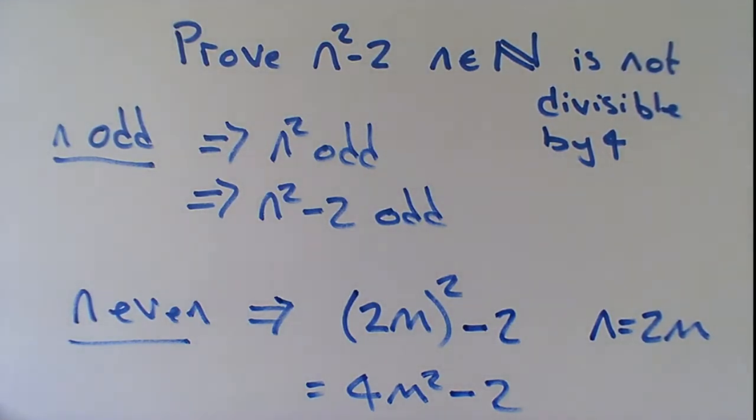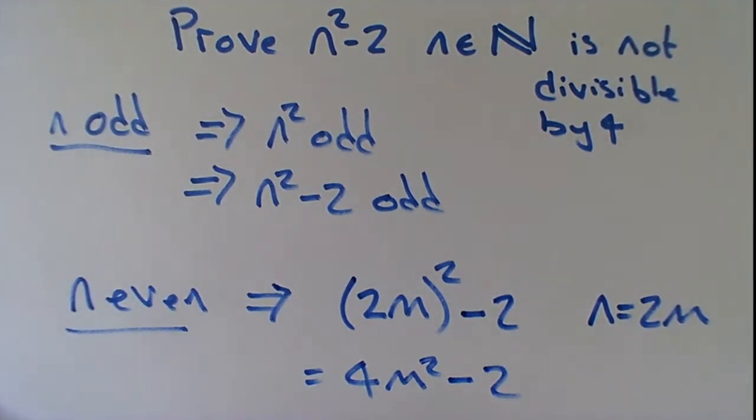What's nice about this one is that this term is in the 4 times table, and if you take away 2, it's not going to be in the 4 times table, and that's sufficient to say that your number is not in the 4 times table. It can't be, because this bit is in the 4 times table.